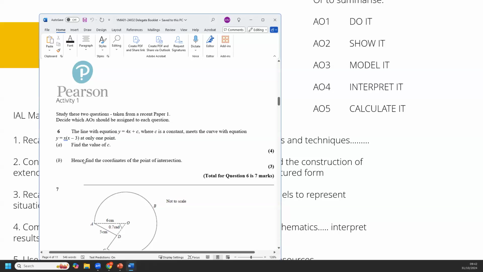So this one definitely has assessment objective 4 because of them having to interpret what happened before and how to then put this in the context of part B. But they also have to recall facts again, which is another assessment objective 1. So therefore, we have 1 mark for assessment objective 1, followed by 2 marks of assessment objective 4. So once again, you have 2 assessment objective 1, 2 assessment objective 2 for the first part, followed by 1 assessment objective 1, and then 4 for that one. So that's how we have to think about the problem here.